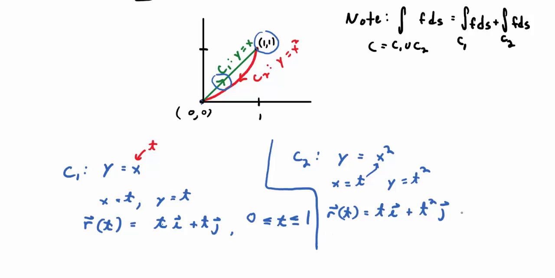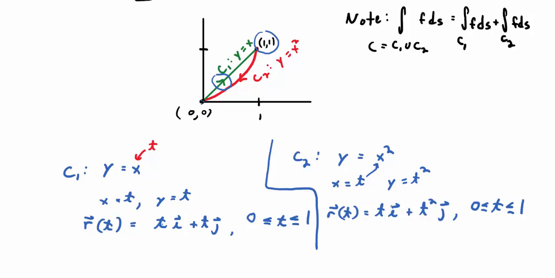So what would t have to run from with the parameterization that we've come up with here? Well, we'll start at (0, 0) and end up at (1, 1) again, so 0 to 1. And verify: when you plug in 0, does (0, 0) pop out? Yep. You want to make sure that you cover the entire curve in red when t goes from 0 to 1. When you plug in 1, does (1, 1) pop out?